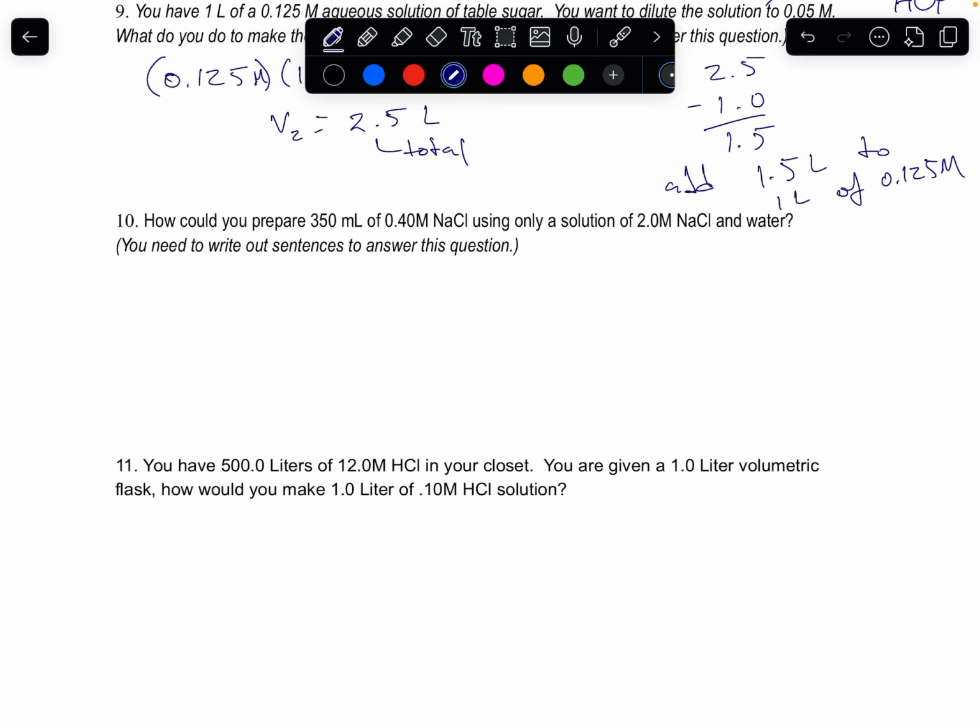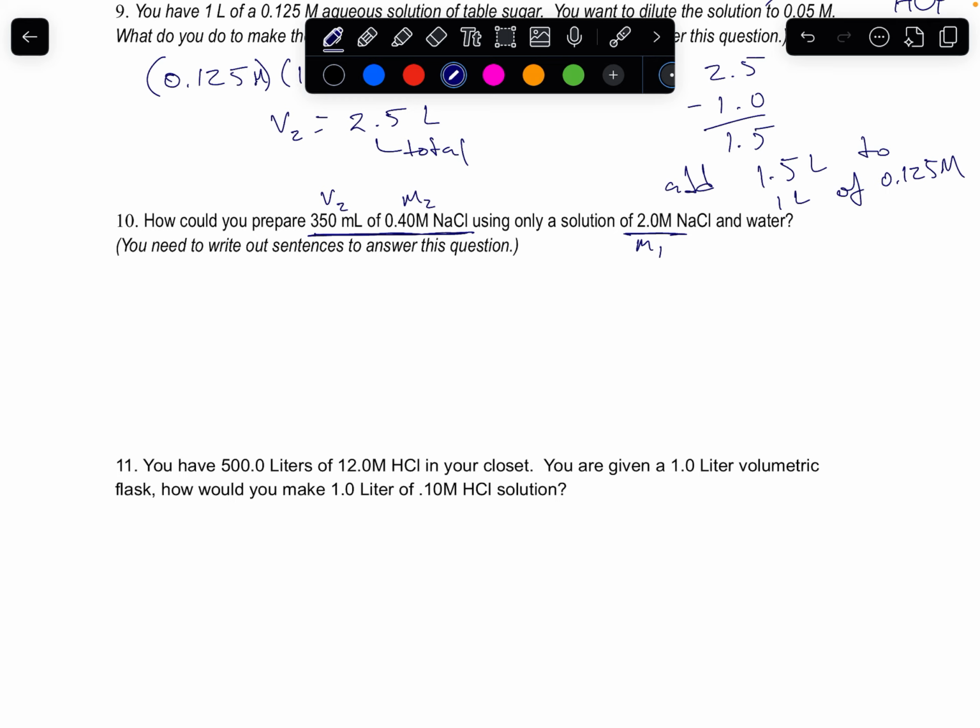All right, taking a look at number 10. How could you prepare 350 milliliters of 0.4 molar NaCl using only a solution of 2 molar NaCl and water? This one's a little bit trickier because things are getting reversed. Over here, this is our diluted solution, and this is our original solution. So this is M1, here's my M2, and this is my V2.